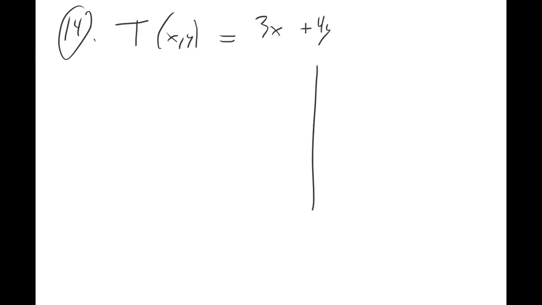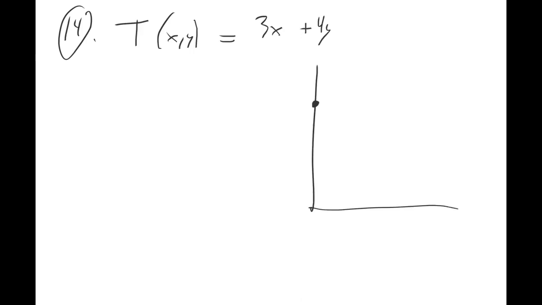Okay, so problem 14 says to find the function that says T of x, y equals 3x plus 4y. Actually, it just gives that to you. And then it shows you a graph like this.